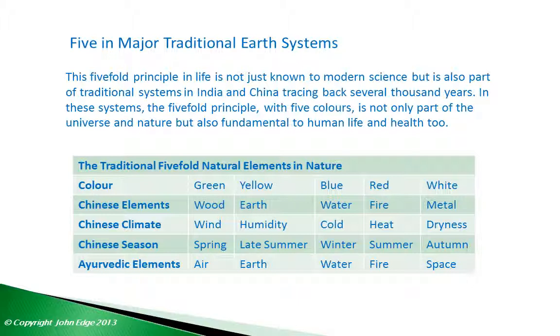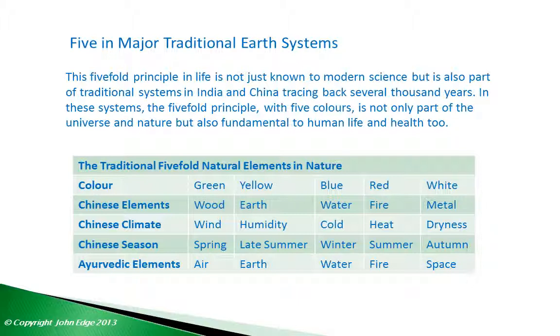Now, their color system, it's been described as green, yellow, blue, red and white to each part of the pentagram. And the Chinese elements are wood, earth, water, fire and metal. And the Ayurvedic five elements are air, earth, water, fire and space. And again, they link that to the human system as well as to the universal system.